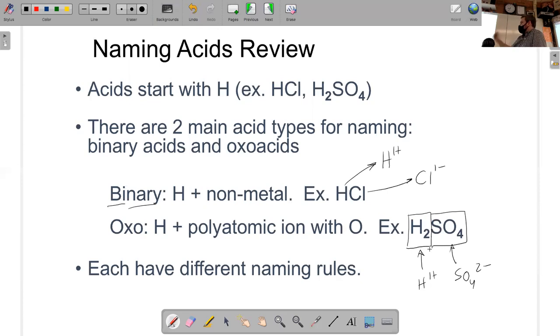But all the rest have oxygens in them. That's why we call them oxoacids. They're polyatomic ions that commonly have oxygen atoms in them. The two atoms that make up water are hydrogen and oxygen, so it's not surprising that acid solutions oftentimes have hydrogen and oxygen atoms making them up.